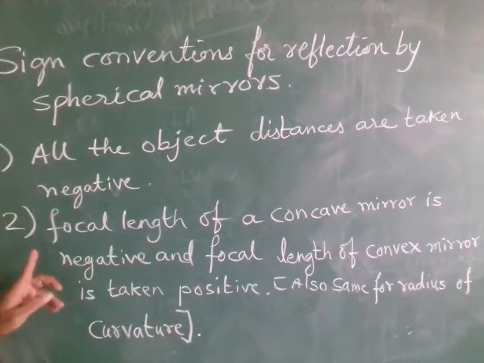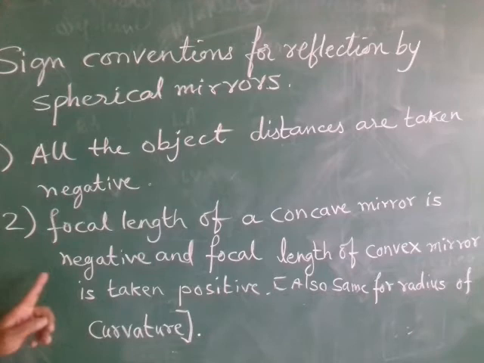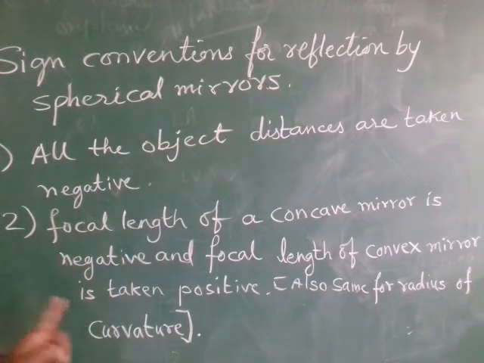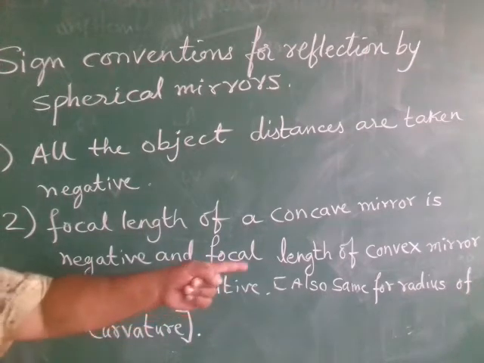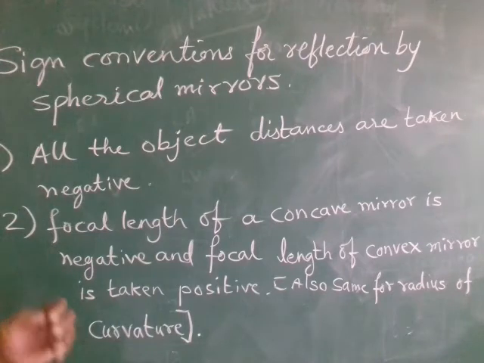The second sign convention is that the focal length of a concave mirror is negative and the focal length of a convex mirror is taken positive. The same holds for the radius of curvature: the radius of curvature of a concave mirror is negative and that of a convex mirror is positive.